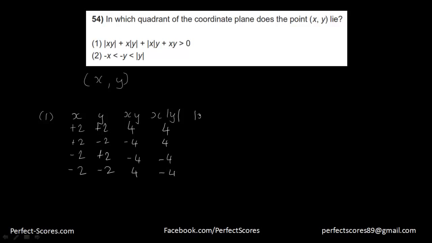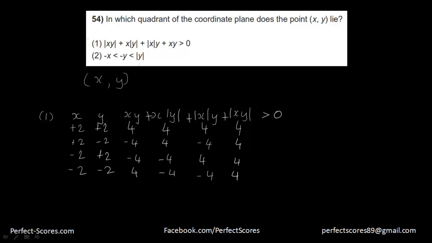Similarly, I have modulus of x into y. This becomes 4, minus 4, 4, and again minus 4. And the last thing is modulus of x into modulus of y, which is always equal to 4 no matter what happens. Now the statement is saying the sum of all these 4 columns has to be greater than 0.